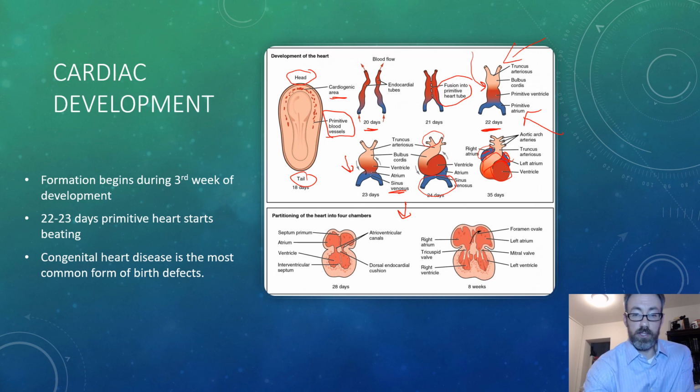You'll notice one of the structures here is called the endocardial cushion, which is like this primitive gelatin-like connective tissue that starts sort of centrally. If these are the atria up here and these are the ventricles down here, it starts in between the two and it tends to grow more horizontally. It'll create the openings to the mitral and the tricuspid valves, which separate the atria from the ventricles.